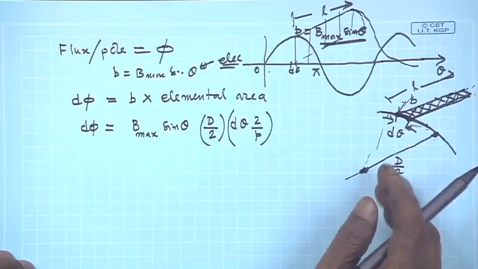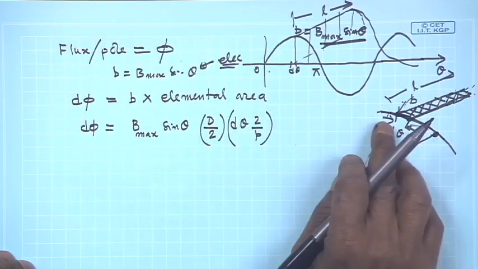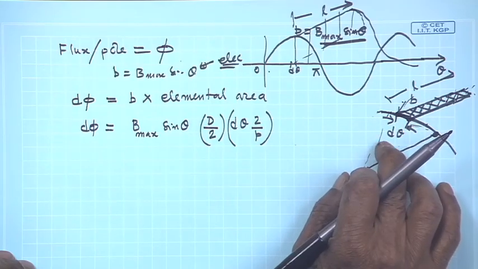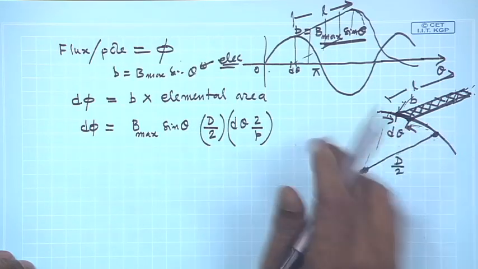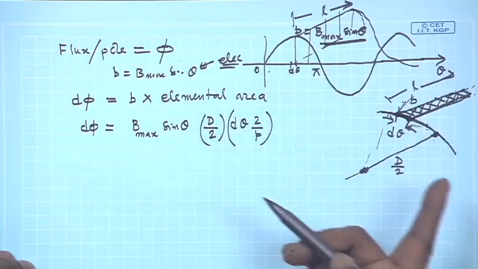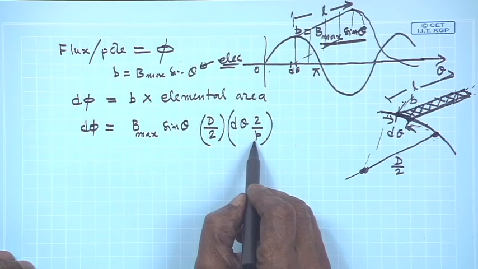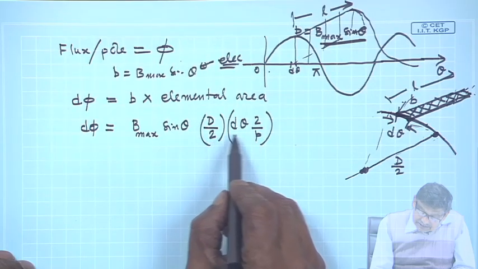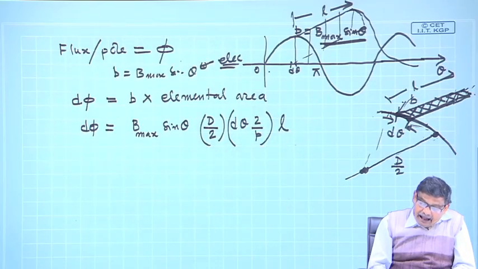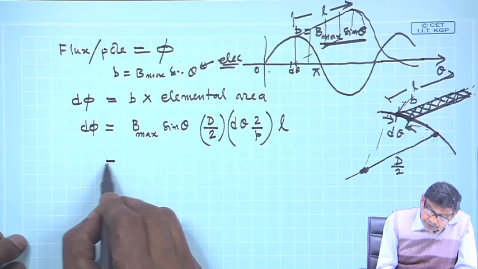These distances are mechanical. So D by 2 into this d theta, but this d theta is in electrical angle, whatever you show here is electrical. So convert it to mechanical, d theta into 2 by P, then multiply by L, and that will give you the elemental flux.